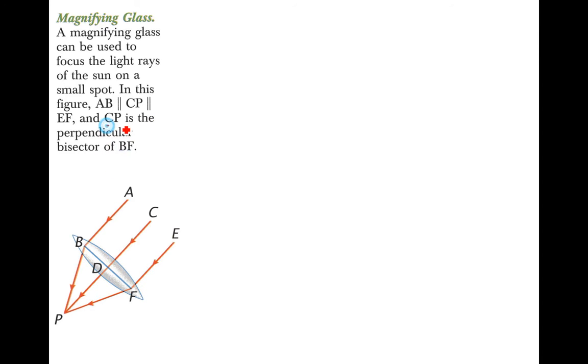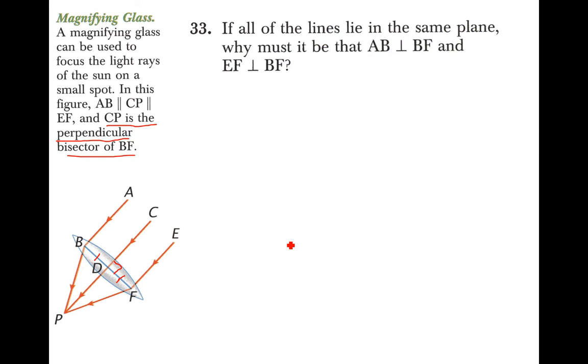And this is important, CP is the perpendicular bisector of BF. So not only are these parallel, CP is the perpendicular bisector. So we could draw this mark and these two marks. So keep that in mind as we move on here. And some questions about it.